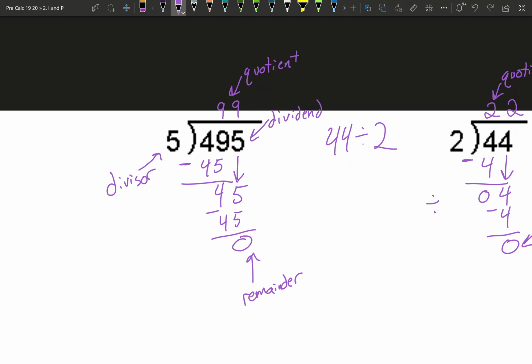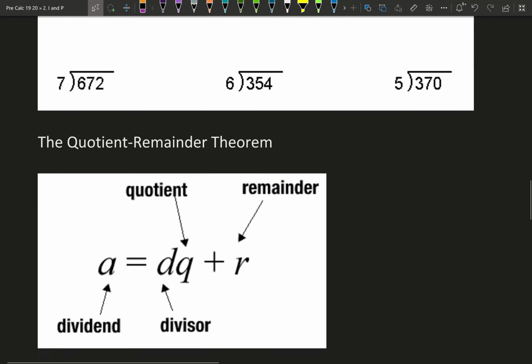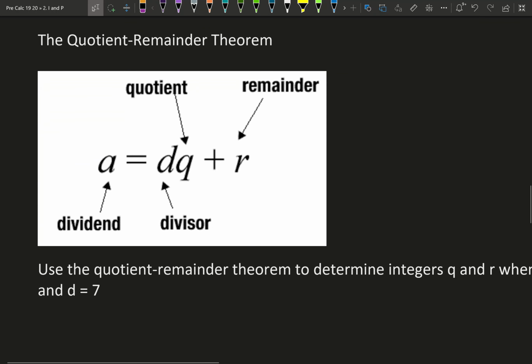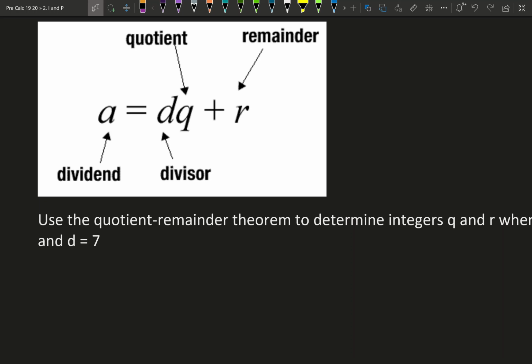These terms are all very important for when we look at the quotient remainder theorem, which is another way of officially writing this out. So here, in our quotient remainder theorem, we have A is equal to D times Q plus R, where A is our dividend, D is our divisor, Q is our quotient, and R is our remainder.